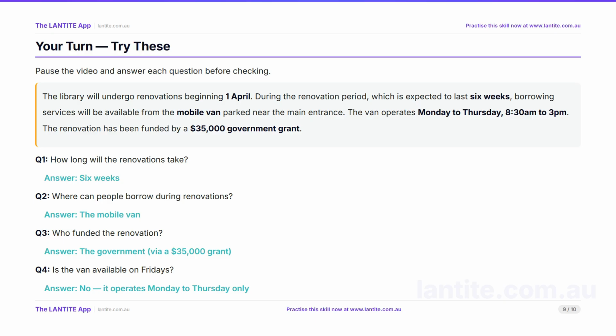The mobile van. Question 3. Who funded the renovation? Scan for funded. The government through a $35,000 grant. Question 4. Is the van available on Fridays? This is a tricky one. The text says Monday to Thursday. So no, not on Fridays. Notice how the answer requires you to recognize what is not included in a list.